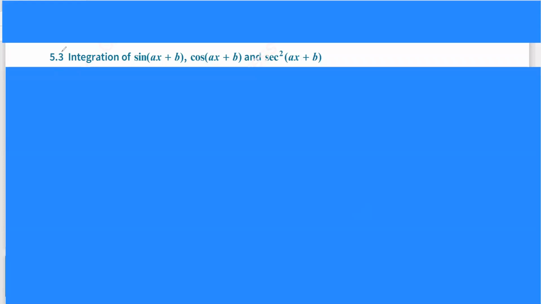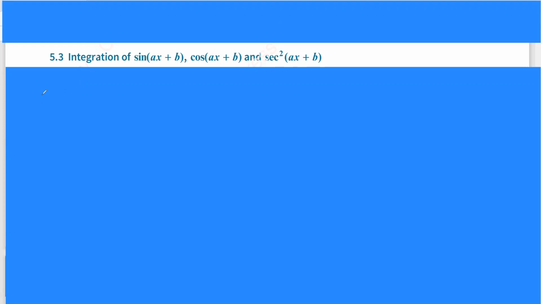Bismillahirrahmanirrahim. Okay, to grasp this integration of the trigonometric functions, you need to remember that differentiation and integration are reverse processes of each other.